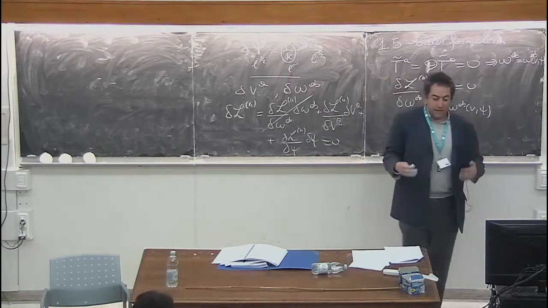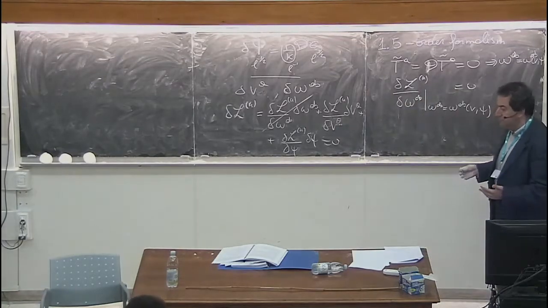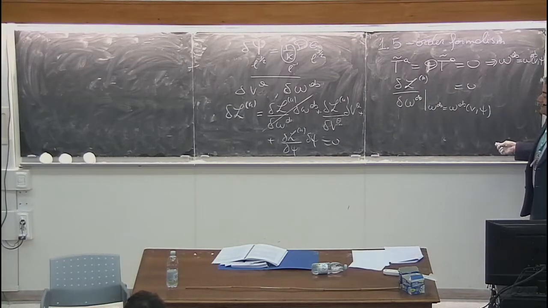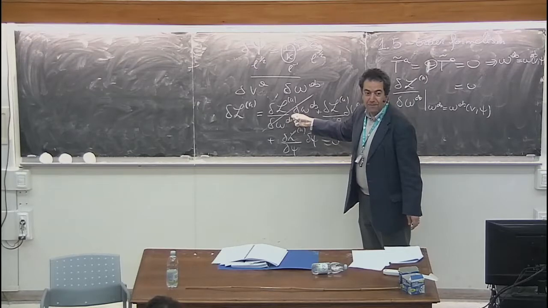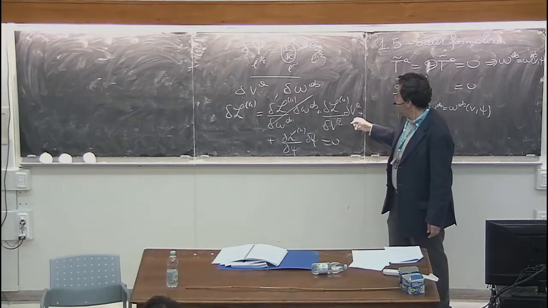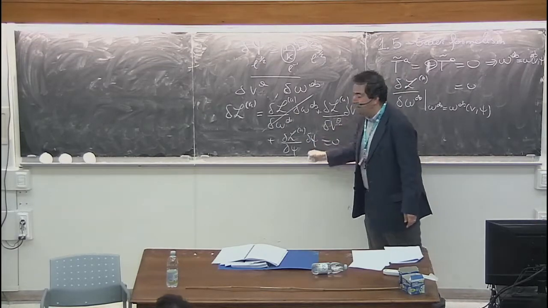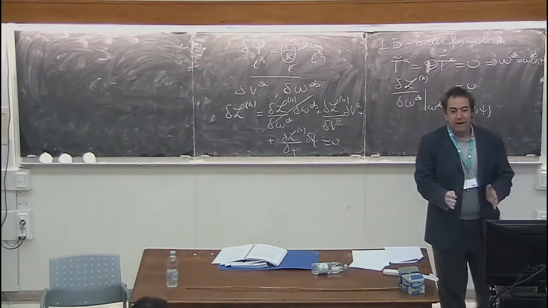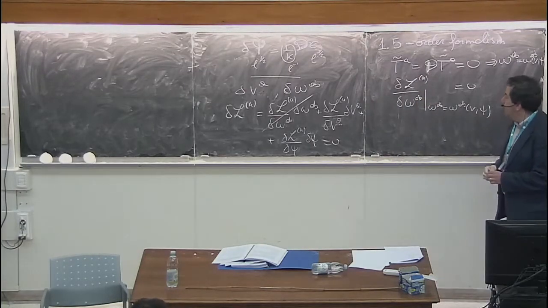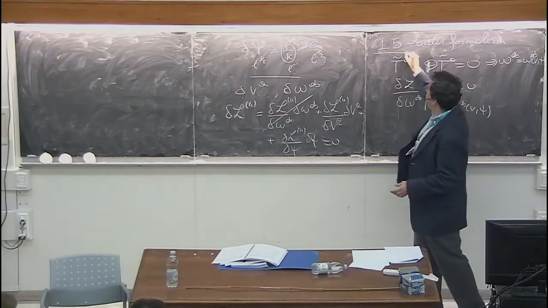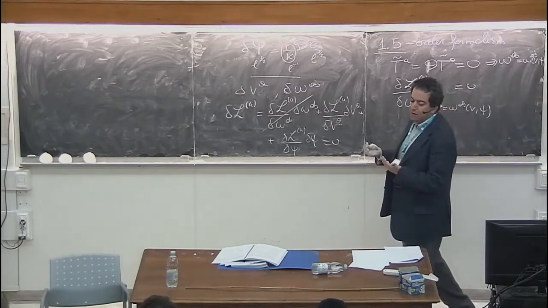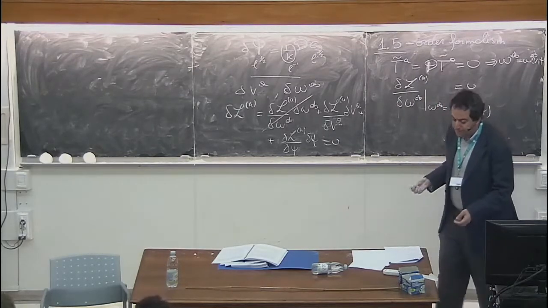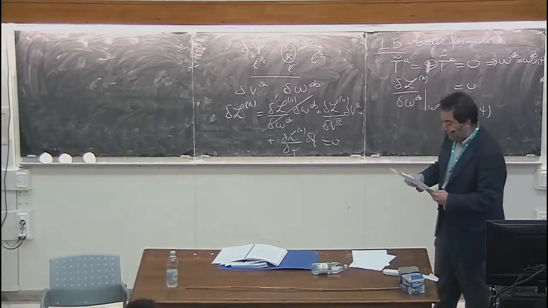Then, a few weeks later, Deser and Zumino came up with this smart trick, which allowed them to only consider the variation with respect to VA and delta psi by choosing to be partially on shell. So this formulation was somehow simpler. It simplified all the proofs.